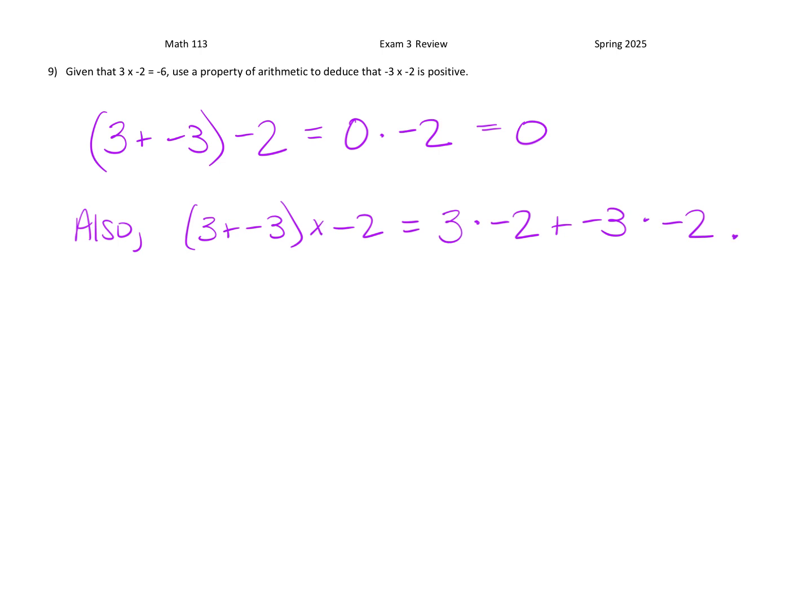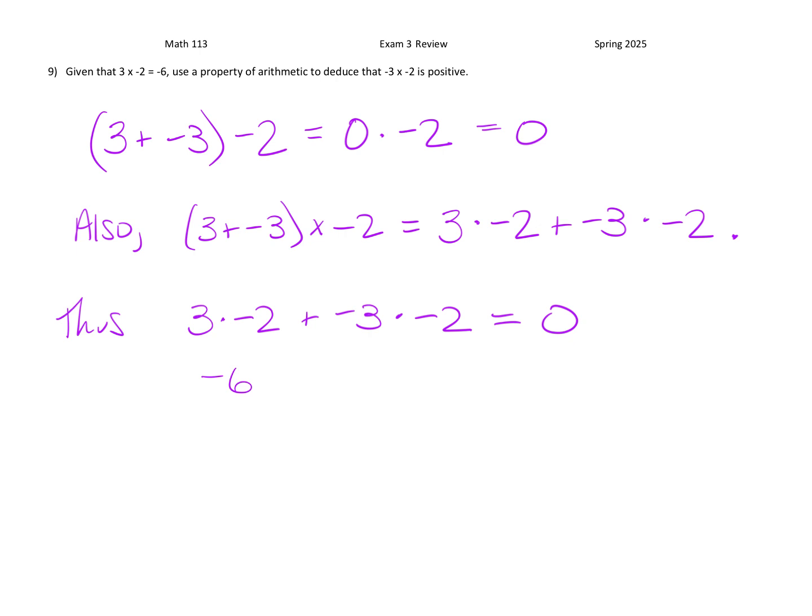Okay, so I have the same expression equal to two different things. So these two things have to be the same. So it must be that 3 times -2 plus -3 times -2 is 0.